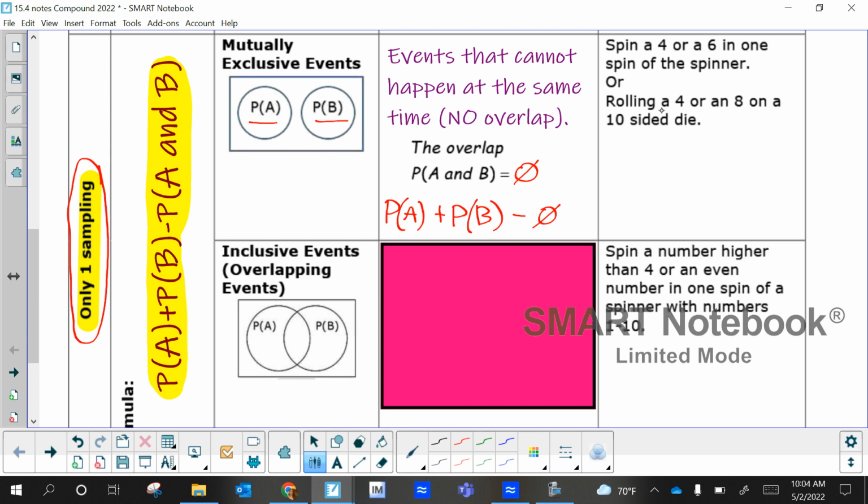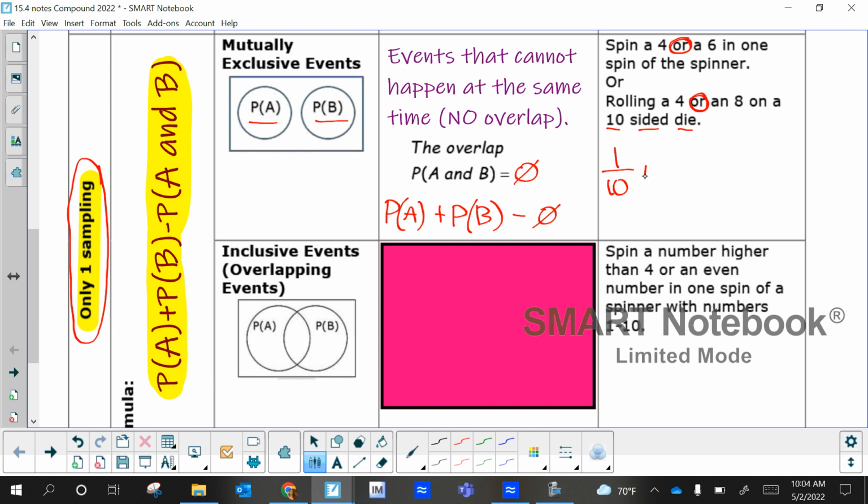Let's look at the second one and actually write out the equation. Rolling a 4 or an 8, okay? The other keyword is this or. You see how it says or? That means it's one sample, okay? So what's the probability we roll a 4 or an 8 on a 10-sided die? So this one's a unique die. So there's only one 4 out of 10.